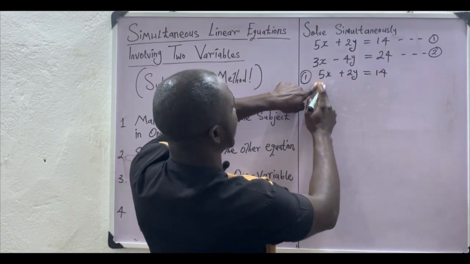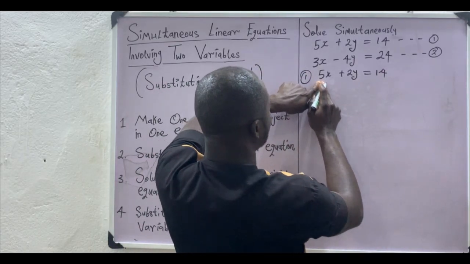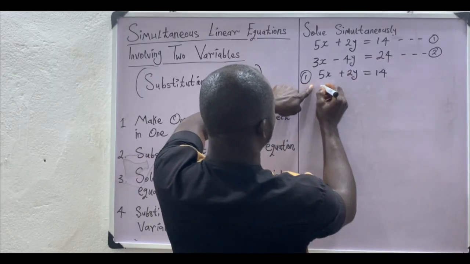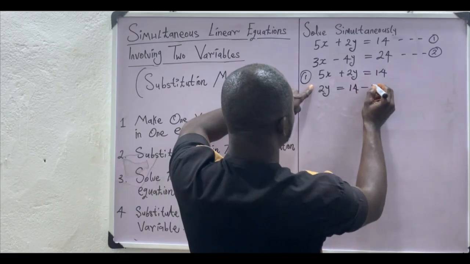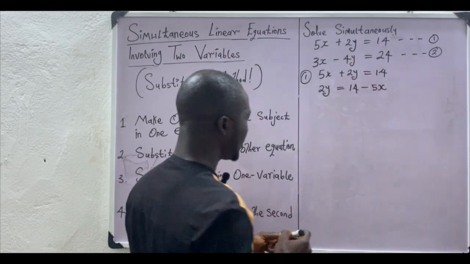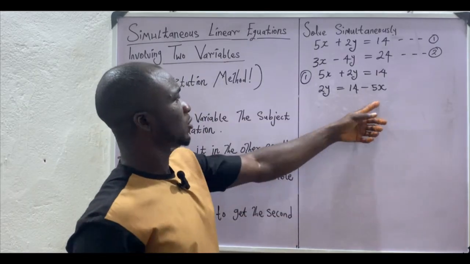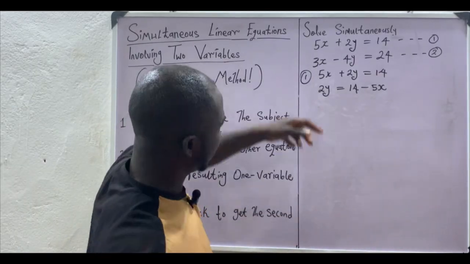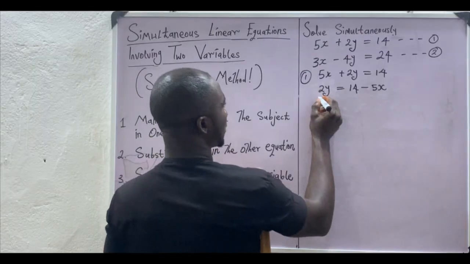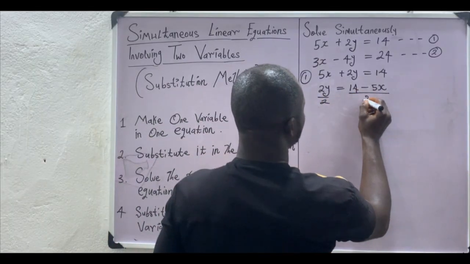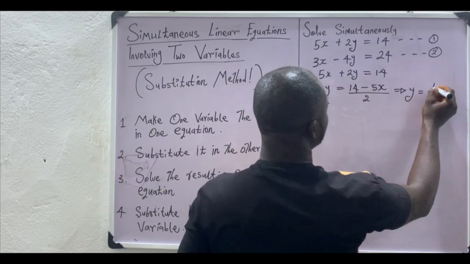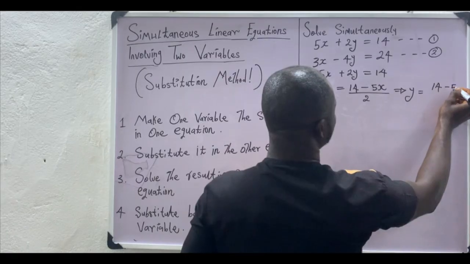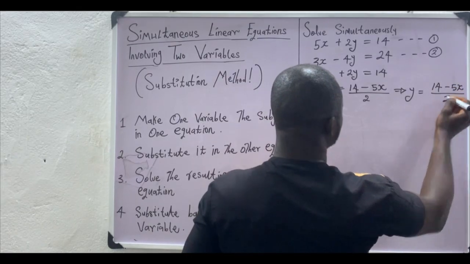Now, if I subtract this 5x from both sides of the equation, I'll then have that 2y is exactly 14 minus 5x. Now, I'll divide both sides of this equation by the coefficient of y, which is 2. And if I do that, I'll then have that y is exactly (14 minus 5x) divided by 2.